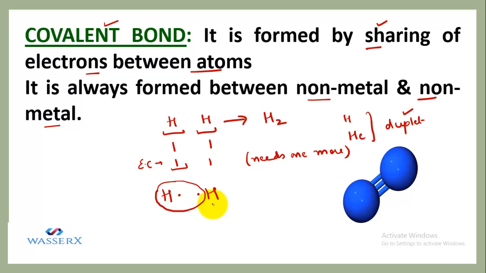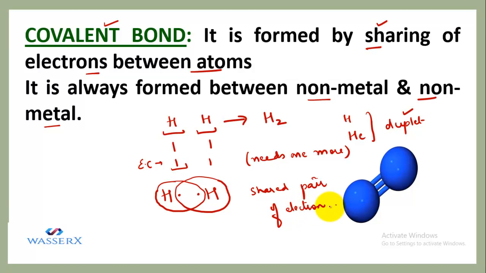Similarly, this hydrogen has its 1 electron and is mutually sharing the electron of the other hydrogen atom. So this is how you need to show the bond. And these electrons written in the middle form the mutually shared pair of electrons.